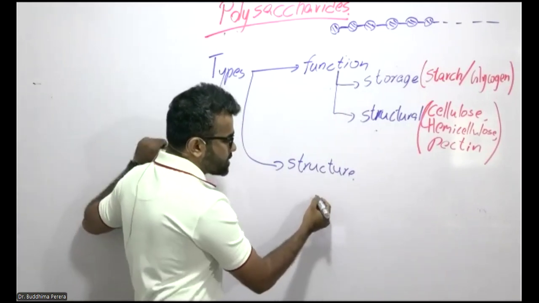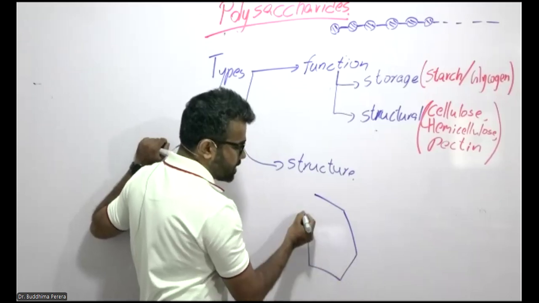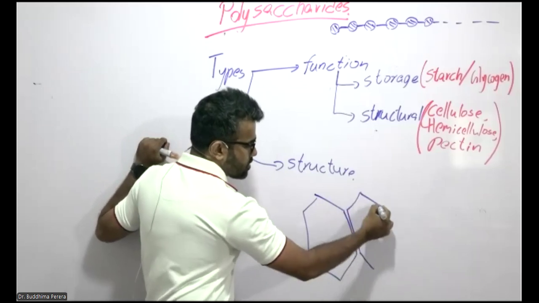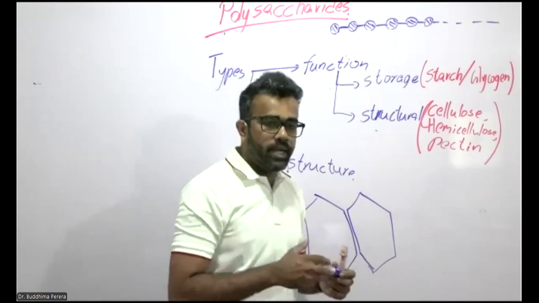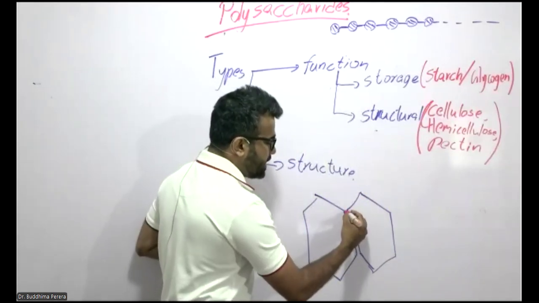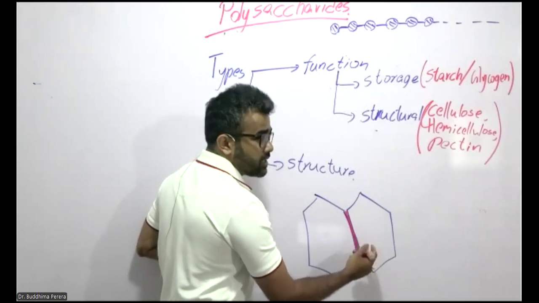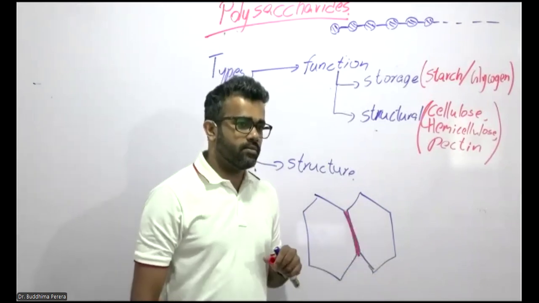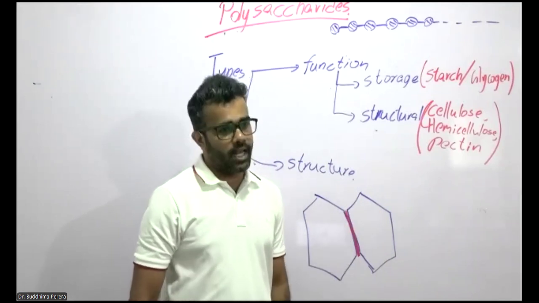The plant cells have a cell wall. This is two plant cells. In between these two plant cells, there is a sticky material which sticks these two plant cells together. This is called the middle lamella.